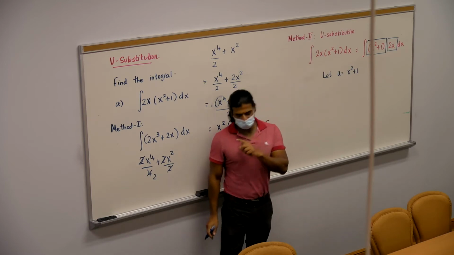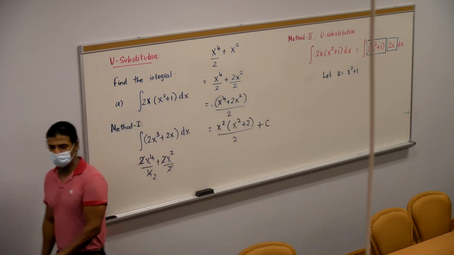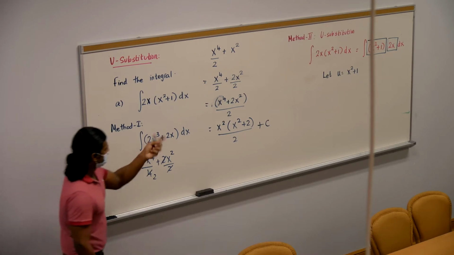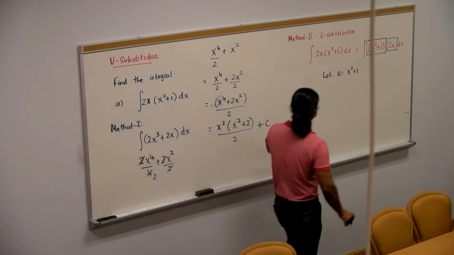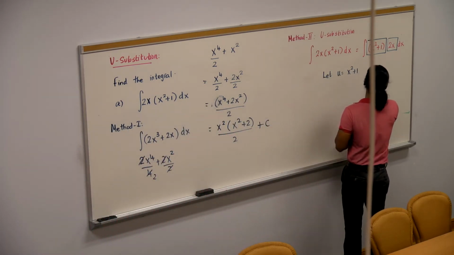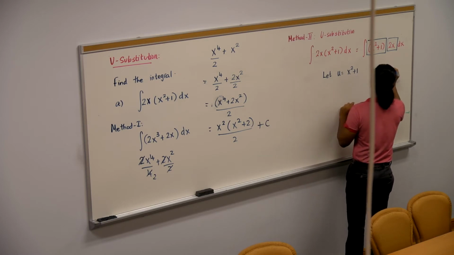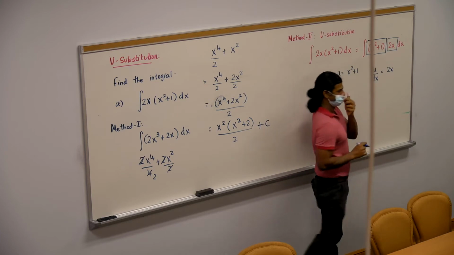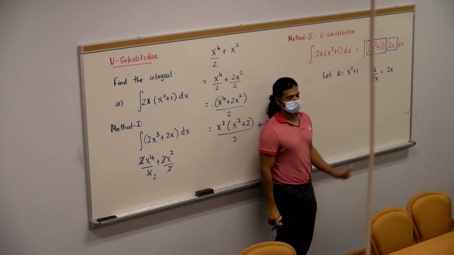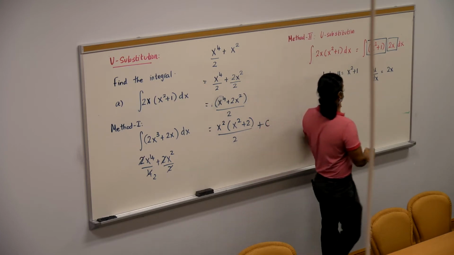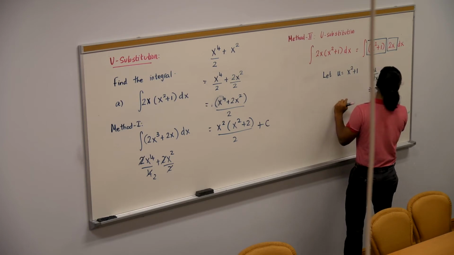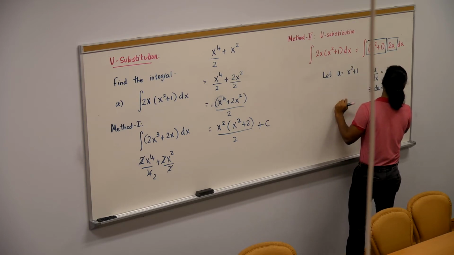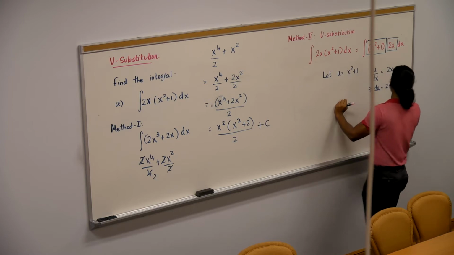Now the dependent variable is u and the independent variable is x. So I want to take the derivative of u with respect to x. So du over dx is equal to 2x. Multiplied by dx on both sides, we'd end up getting du equals 2x dx.